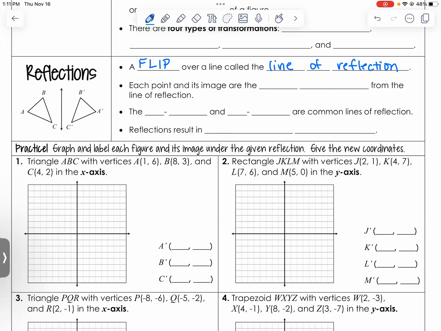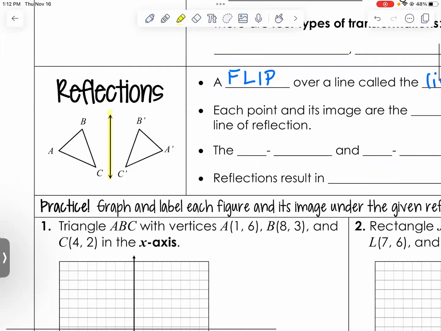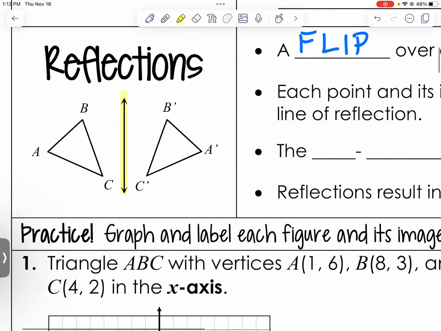So if you look at this right here, notice how I have this triangle ABC. This is what we're going to call the line of reflection, where I take my shape and I flip it over that line. So the y-axis is a common one that we're going to use.